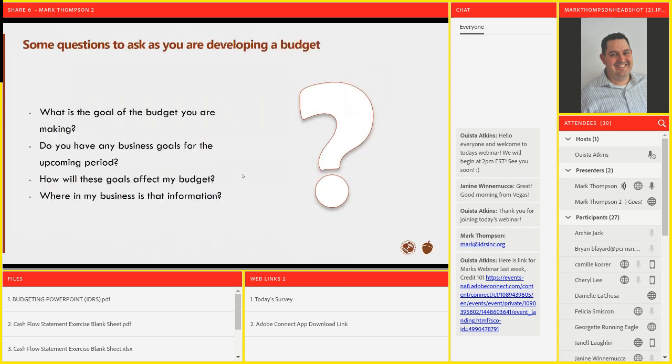Okay, so as we're developing the budget, what are some of the questions that we might want to ask? Okay, so what is the goal of your budget? There's a lot of different types of budgeting out there. I think we're talking about here the whole organizational or the whole family budget. But there's a number of different ways you can budget.